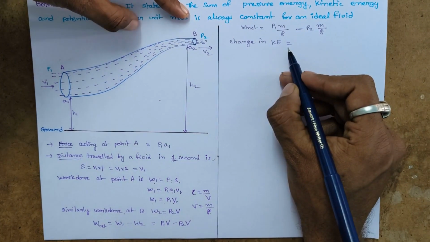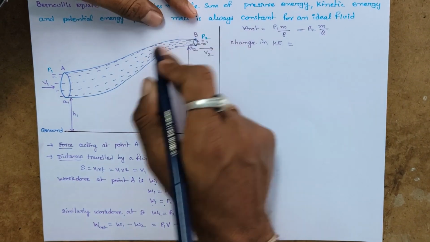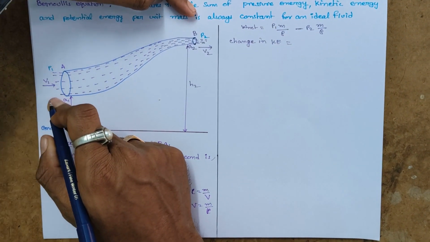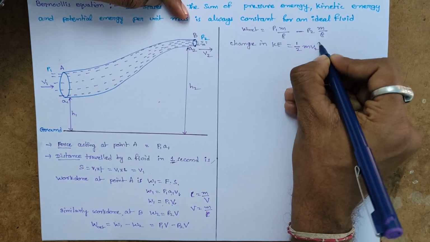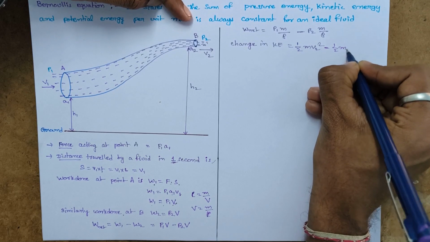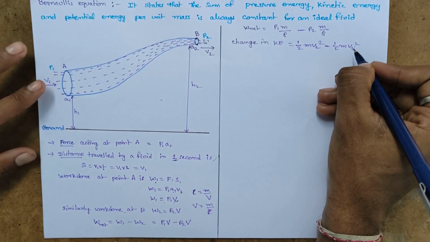Change in kinetic energy means maximum kinetic energy minus minimum kinetic energy. So we can write it as half mv2 square minus half mv1 square.